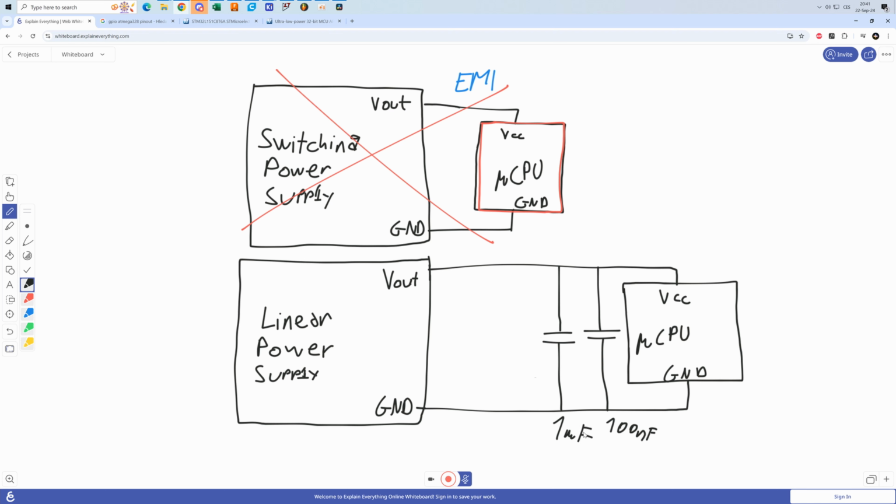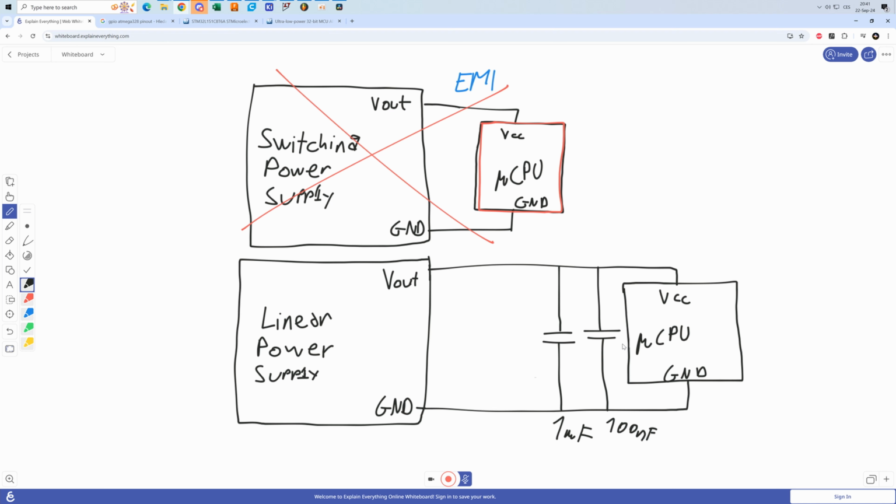Now you may ask yourself, why don't we just use one single capacitor that's going to have a higher capacitance, with both these capacitances combined? Instead of these two capacitors, we could have just used one capacitor with 1.1 microfarad. That would give us the same equivalent capacitance as these two in parallel.